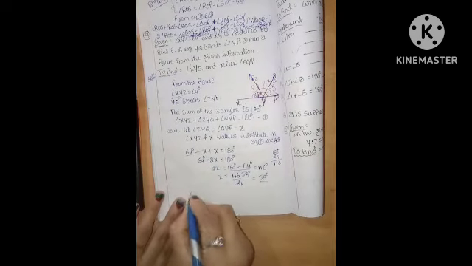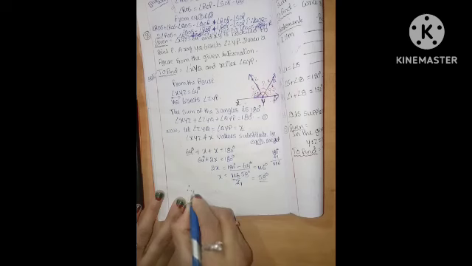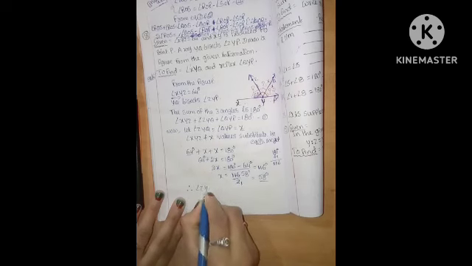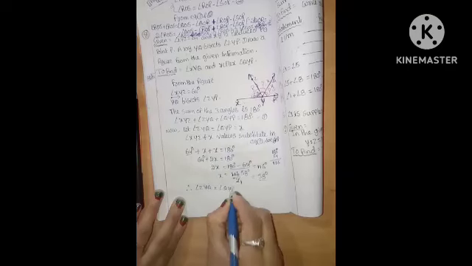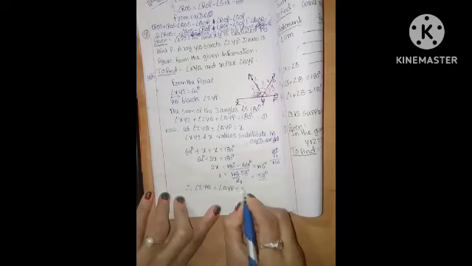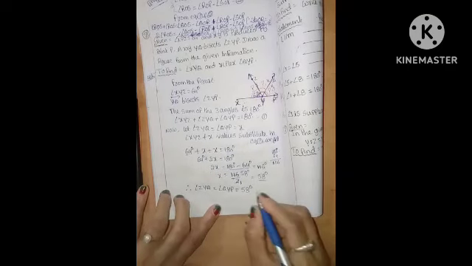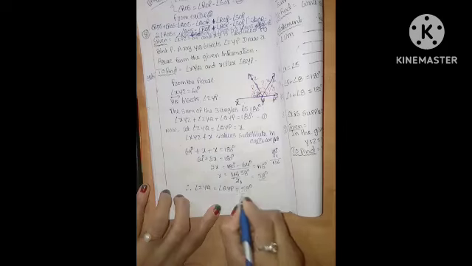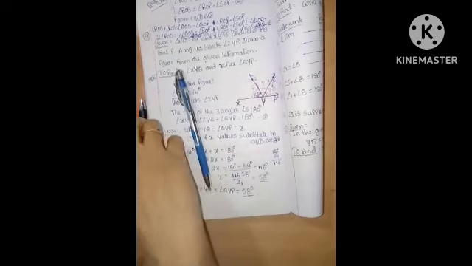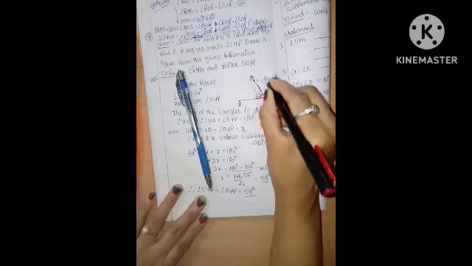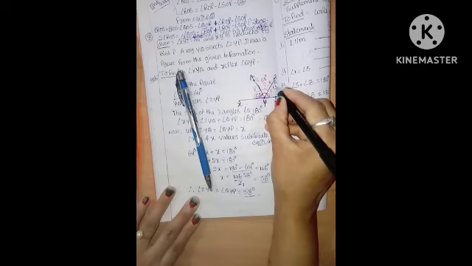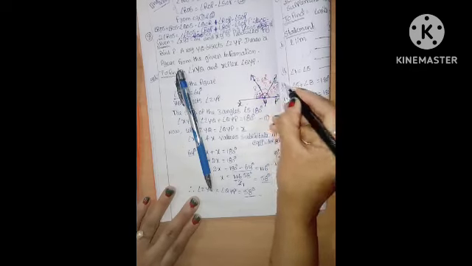What is x? X is nothing but angle ZYQ, which is equal to angle QYP. Both are equal, so the value is 58 only. These two are 58 degrees, this and this also. Okay?